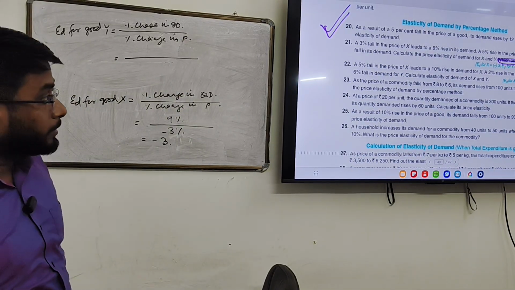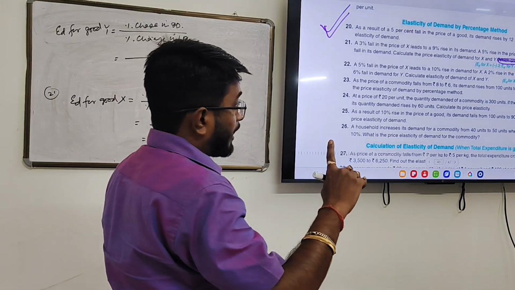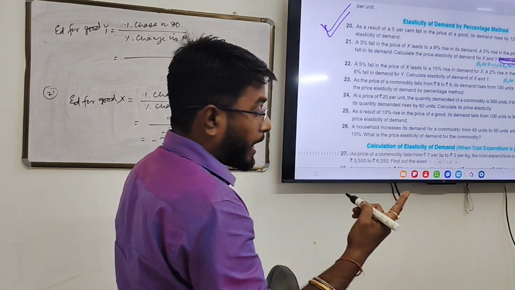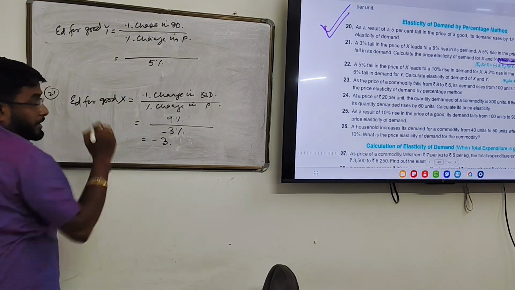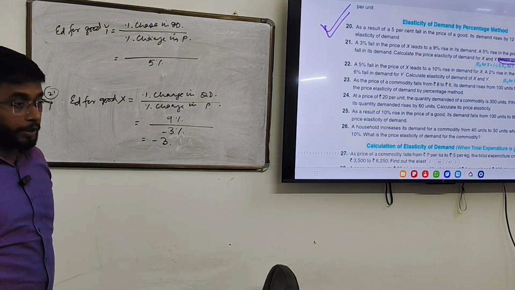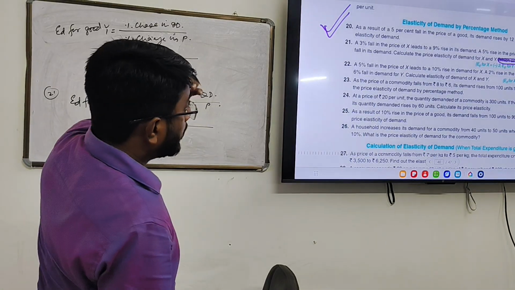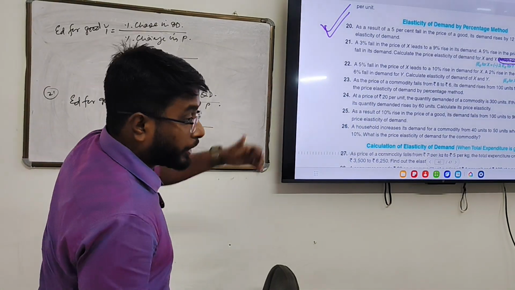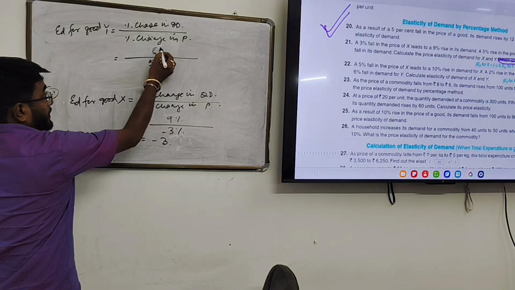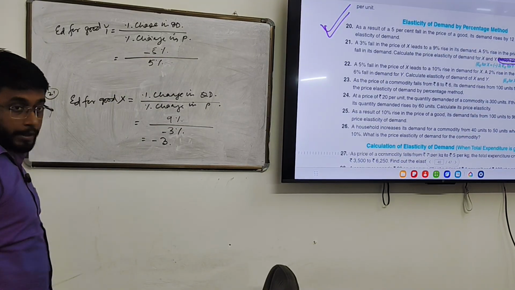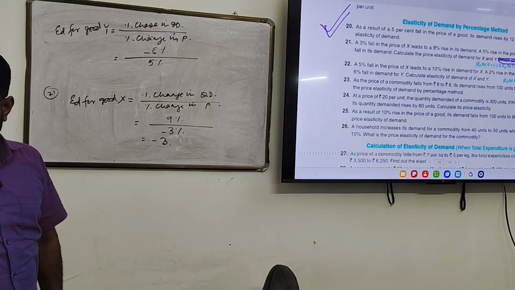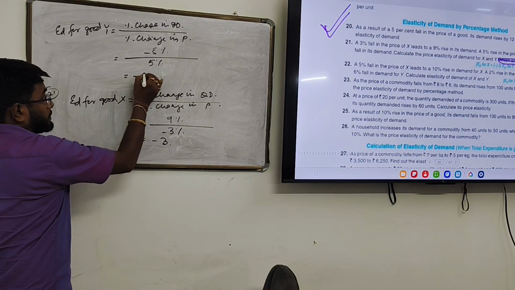Let us read out again. A 5% rise in the price. Price rises by 5%, so 5% rise. Price is the denominator. Clear? It leads to a 5% fall in demand. So 5% is quantity demanded. As it falls, we will write minus. Clear? So the answer is minus 1.